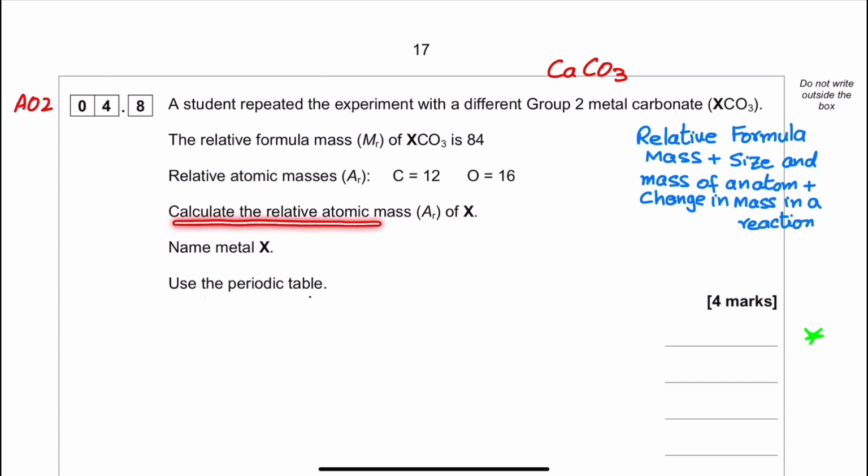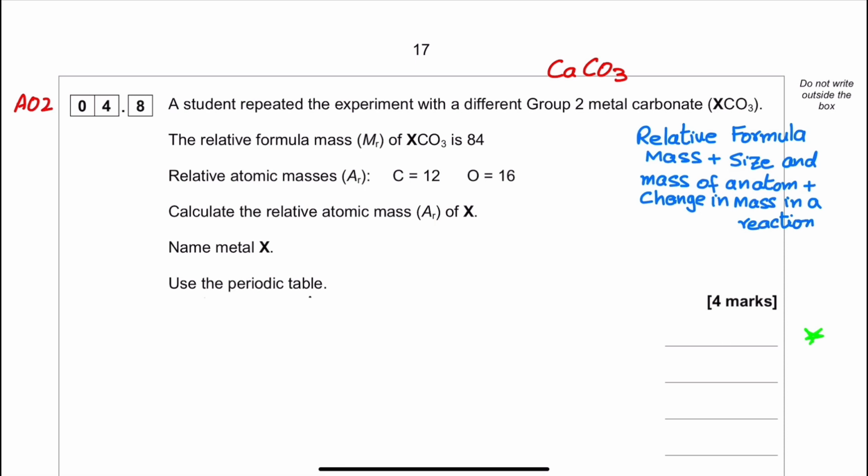Calculate the relative atomic mass Ar of X. Name the metal X. Use the periodic table. So this question is actually coming from the relative formula mass, size, mass of an element or an atom, change in the mass in a reaction.